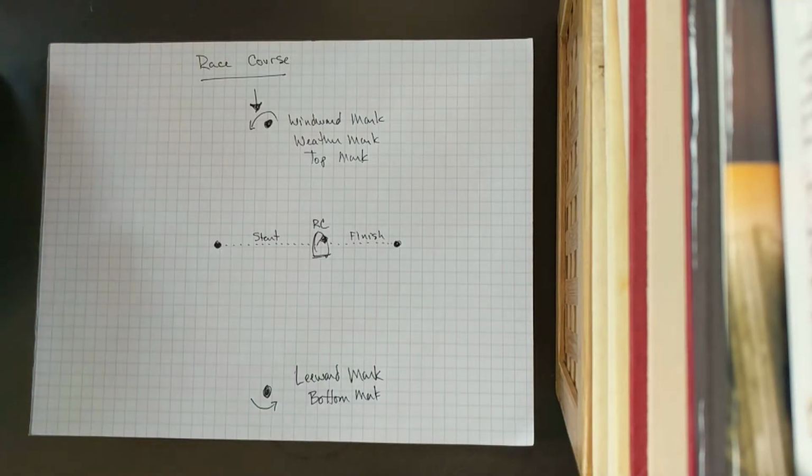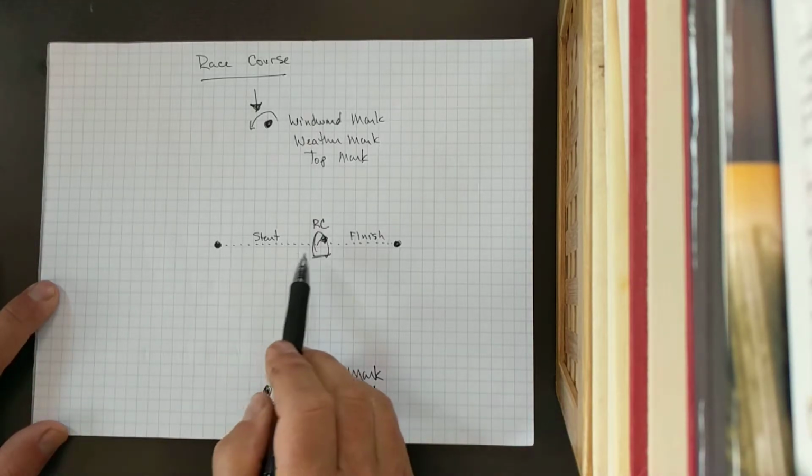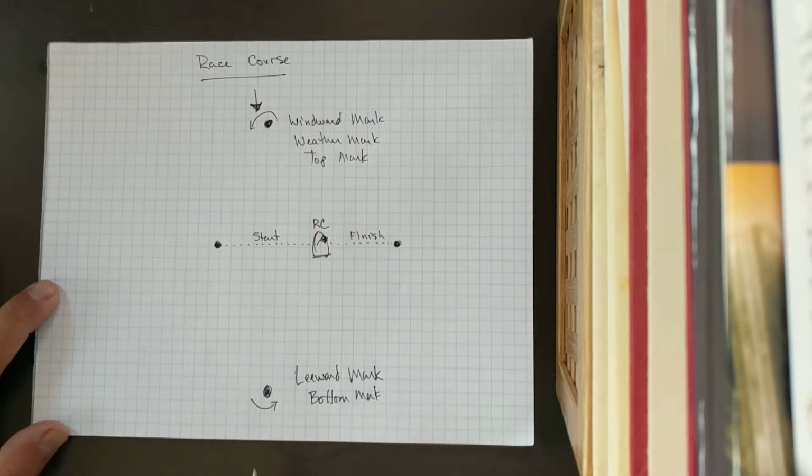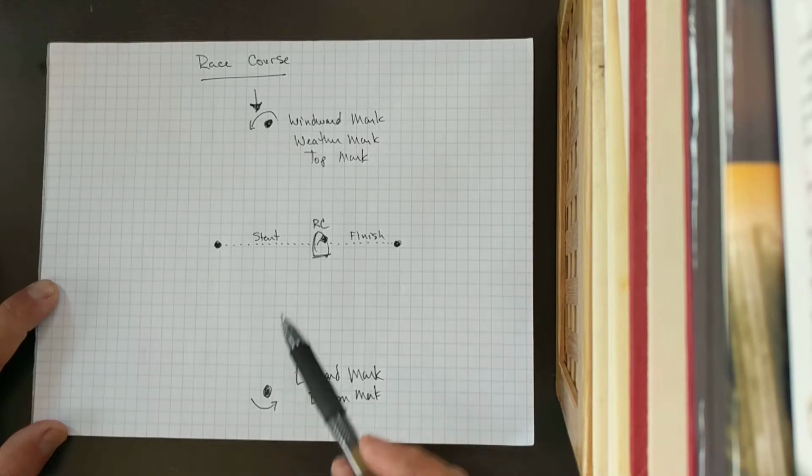And so that's your basic race course. Sometimes the start line or the finish line, or the start line and the finish line, are restricted, and you're not permitted to sail through the start or finish line unless you are starting or finishing.